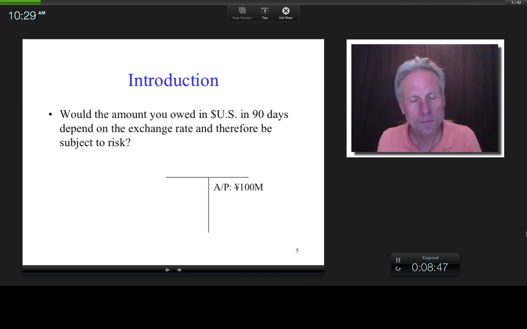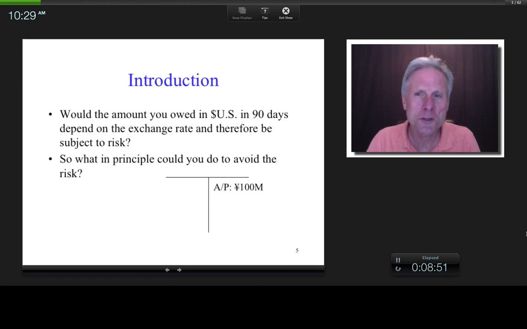You would, right? So here's my question. What in principle could you do to avoid any unexpected exchange rate payments? Okay, so in the context of this balance sheet, what could you create such that in the end you would not pay anything unexpected?